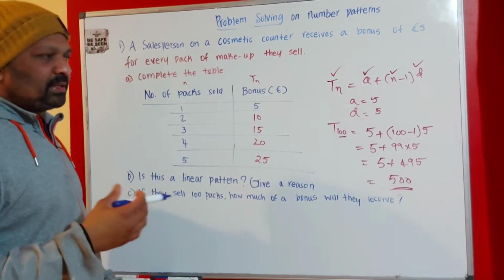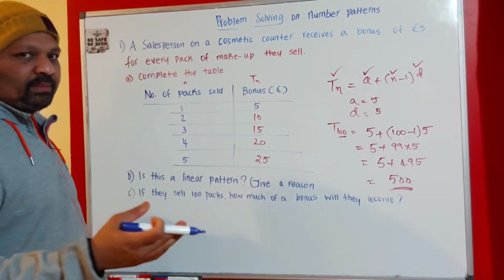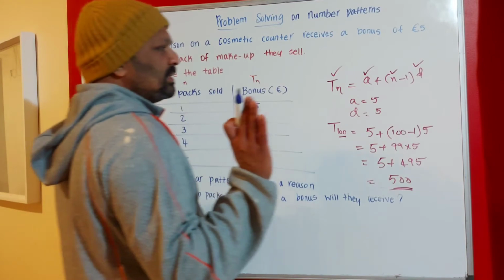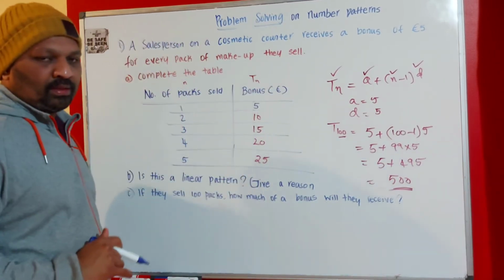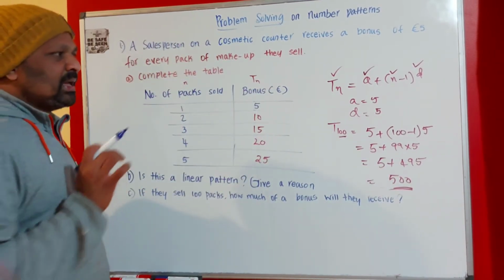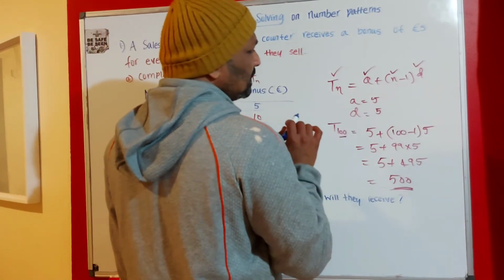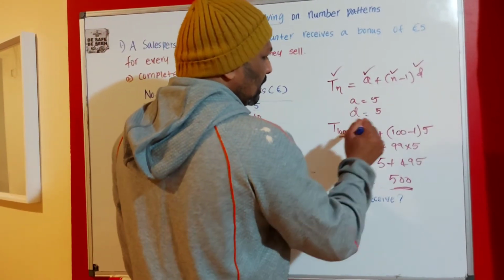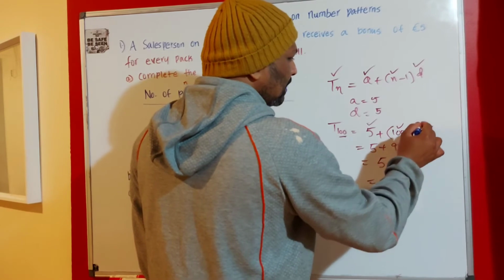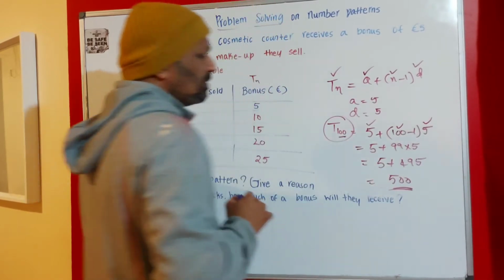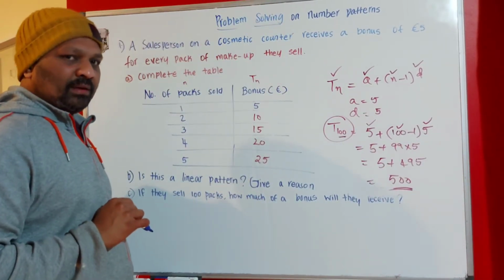Variable as in, these are the different quantities in this arithmetic series. Given any three, you can find the fourth one. In this case, A is given, n is given, d is given, and you found the Tn.